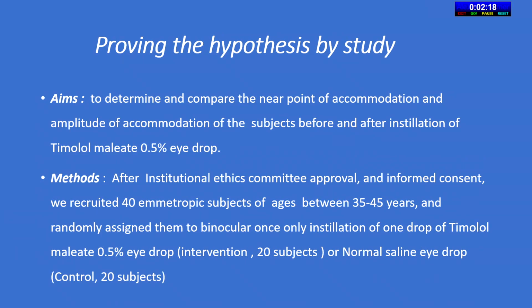So our aim is to determine and compare the near point of accommodation and amplitude of accommodation of the subjects before and after instillation of timolol maleate 0.5% eye drop. 40 emmetropic subjects between ages 35 and 45 were randomly assigned to binocular, once-only instillation of 1 drop of timolol maleate 0.5% eye drop, intervention group 20 subjects, and control group 20 subjects with normal saline eye drop.